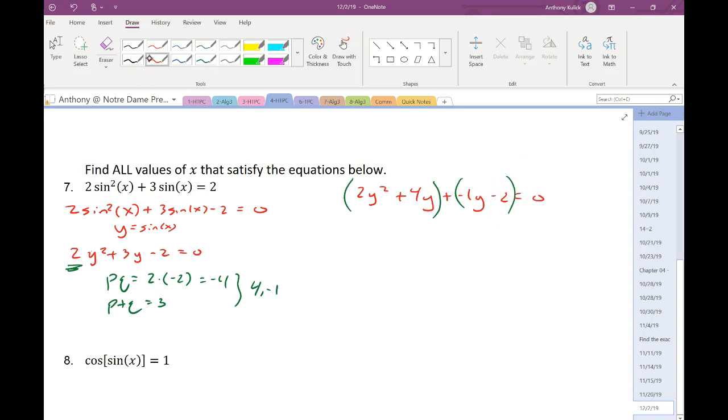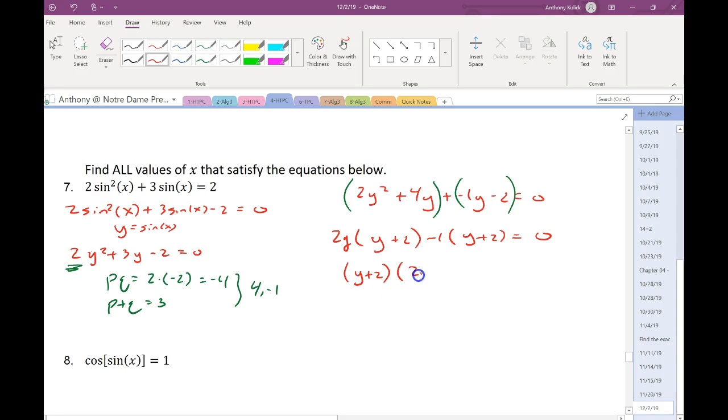From the first group, I can take a greatest common factor of 2y. And from the second group, I can take a greatest common factor of negative 1. I notice now that each of these has a y plus 2 in common.